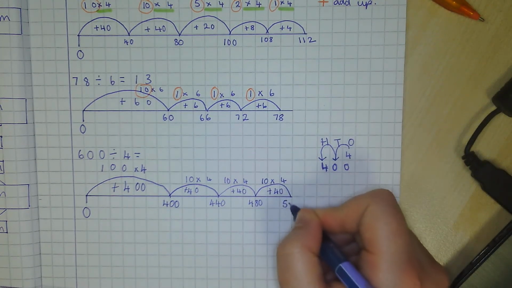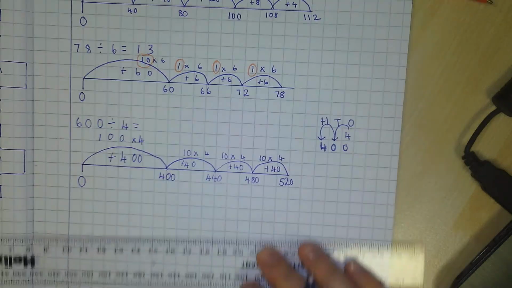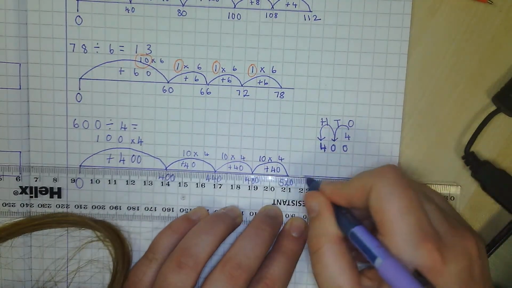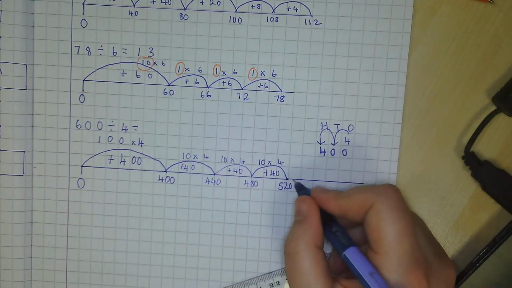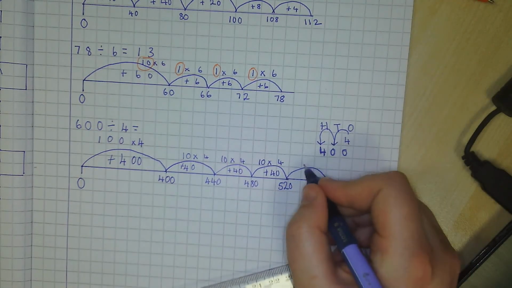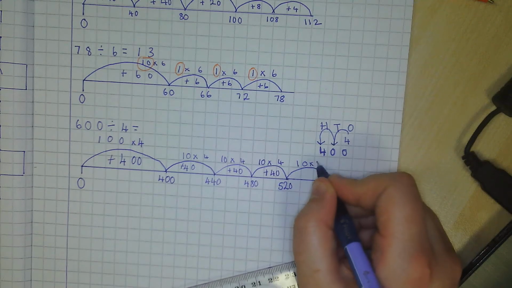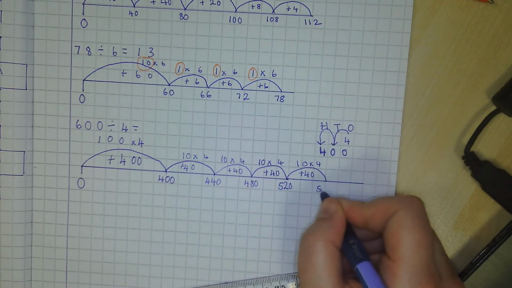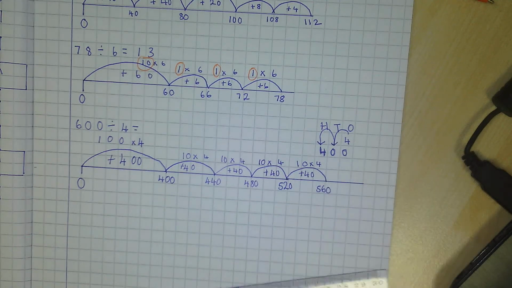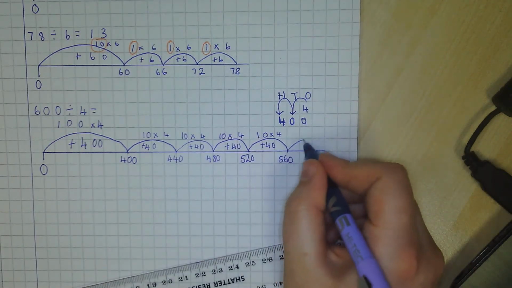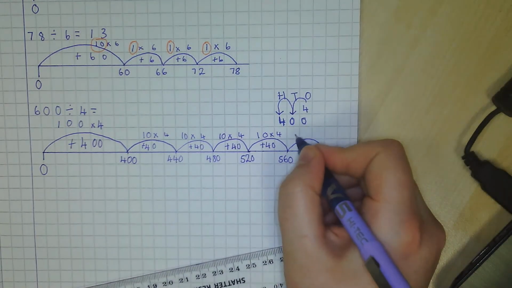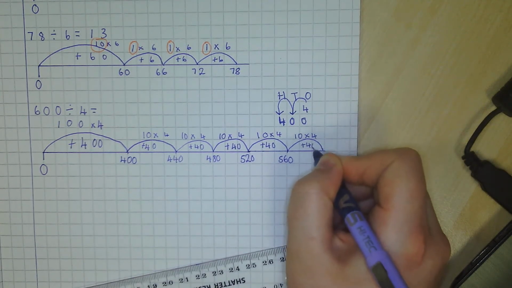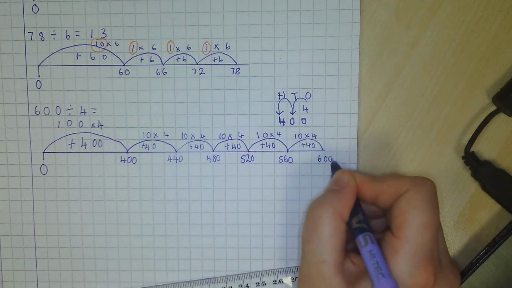So we have 520. So we need to carry on with our chunking number line here. And we're going to do another 10 times 4, plus 40, it's 560. And then we go to our final 10 times 4, plus 40, is 600.